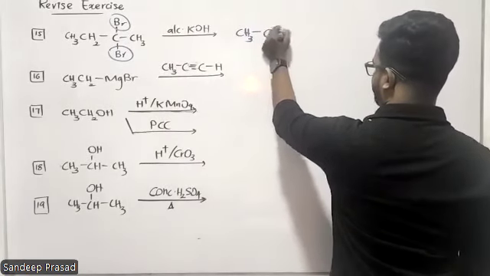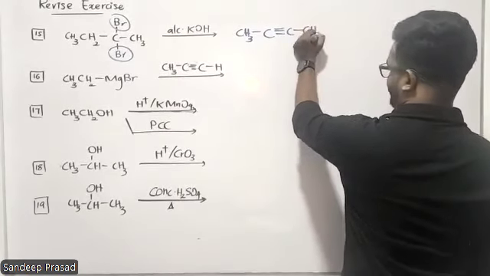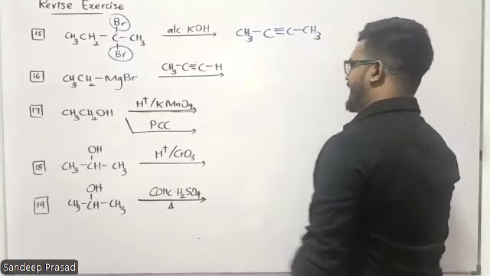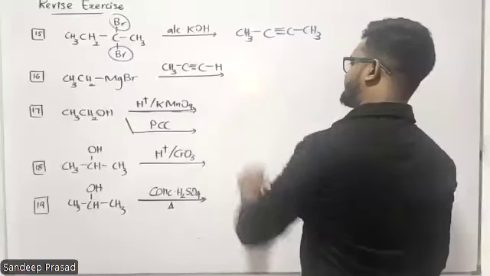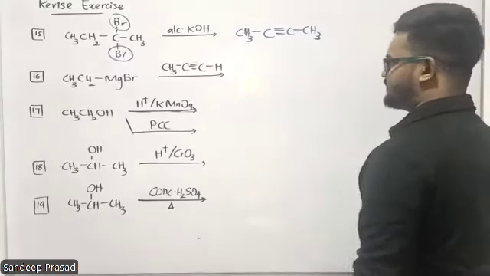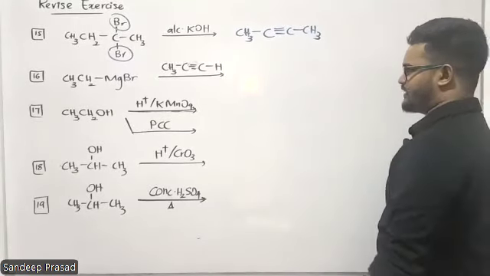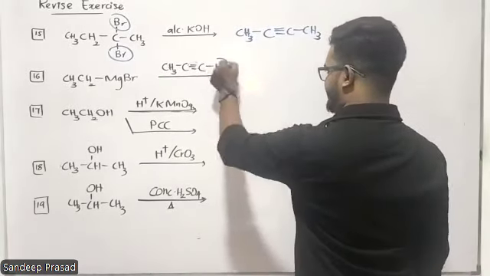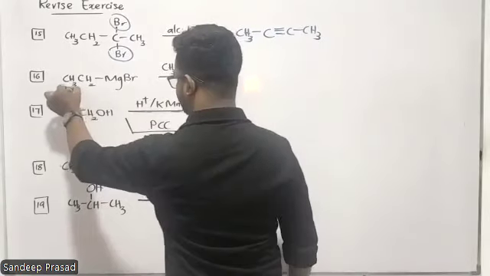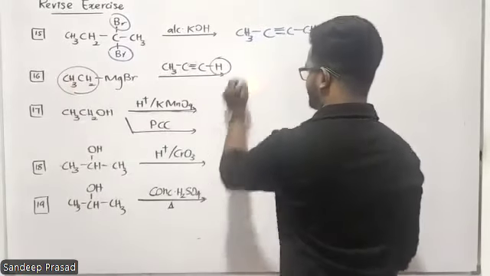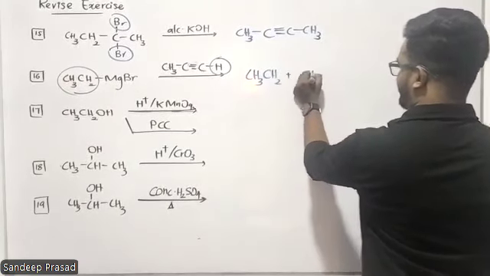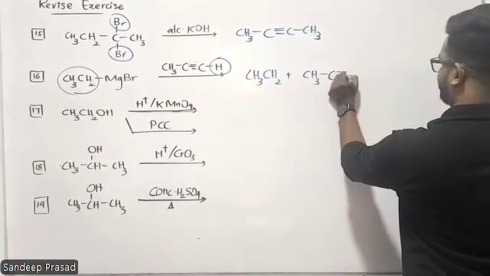So, CH3, C triple bond CH. This acidic terminal hydrogen of the alkyne reacts with the Grignard reagent. Then it produces ethane, CH3CH3, and the byproduct is this kind of compound.